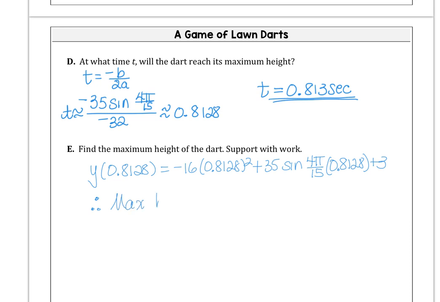Carefully on our calculator, the maximum height of the dart is about 13.5705 feet.